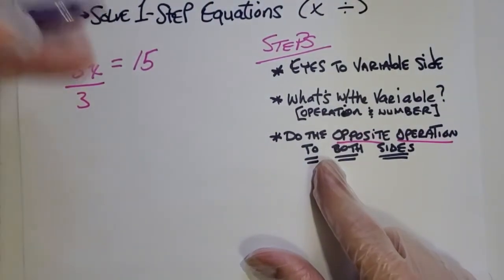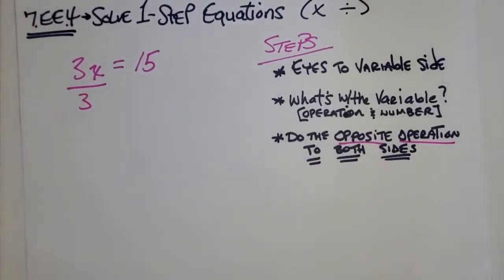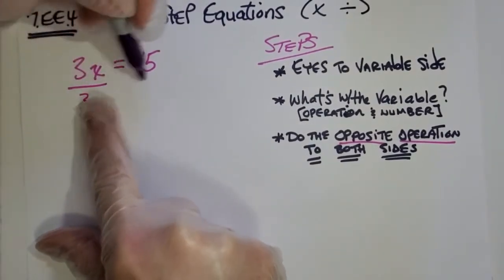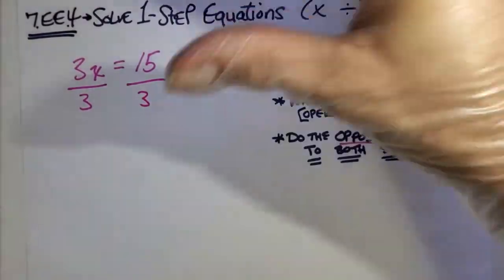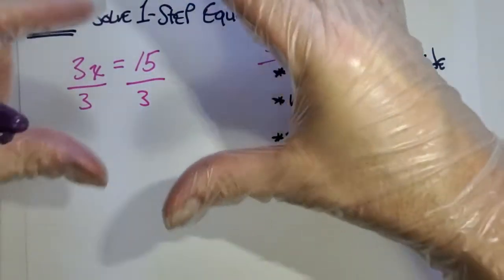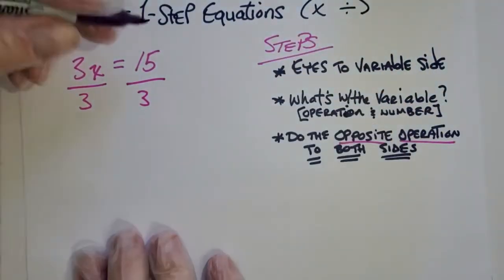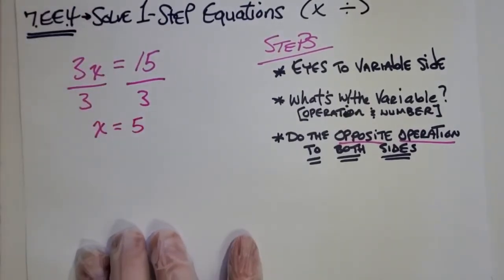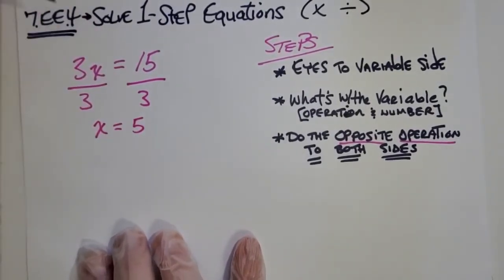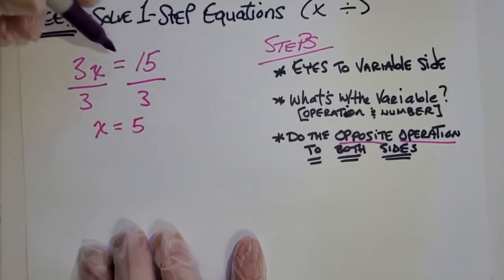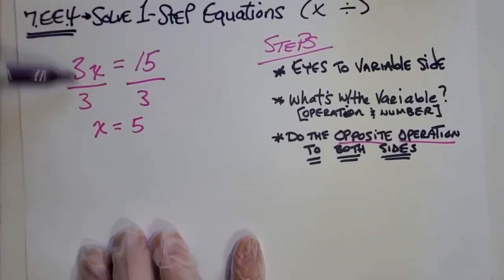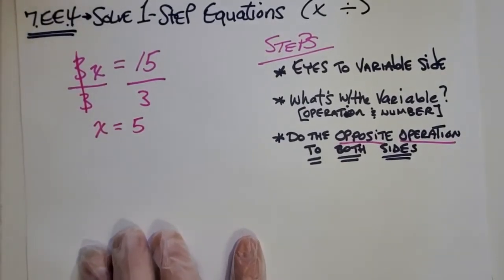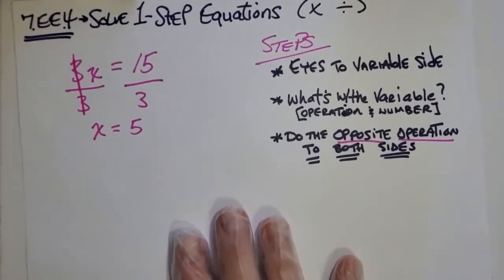If it's overly multiplied up, we divide it back down. Show that on the left and on the right: you're dividing both sides by 3, and that gives us x equals 5. If you take 5 and multiply it by 3, you get 15. When you divide, just remind yourself that it cancels out to 1.